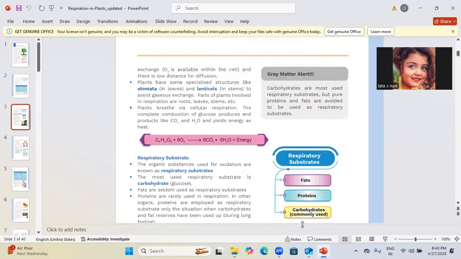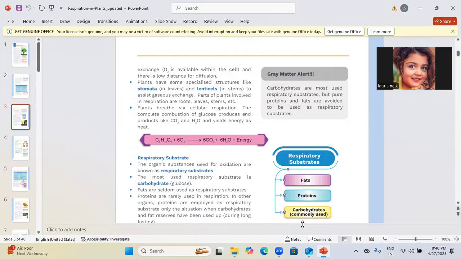Oxygen is available within the cell and there is low distance for diffusion. Plants have some specialized structures like stomata in leaves and lenticels in stems to assist gaseous exchange. Parts of plant involved in respiration are roots, leaves, stem, etc.